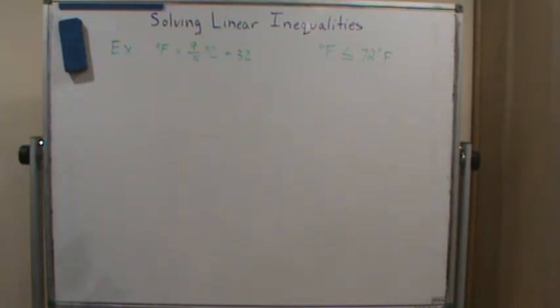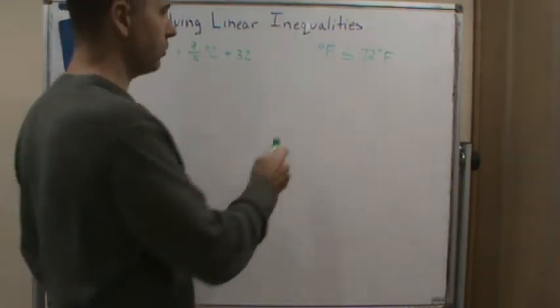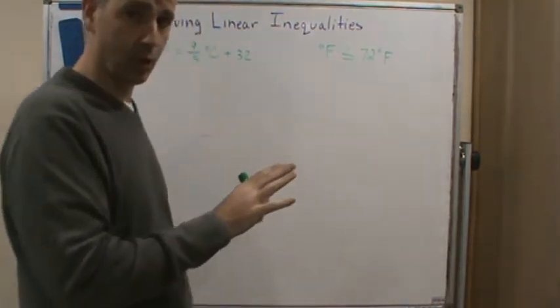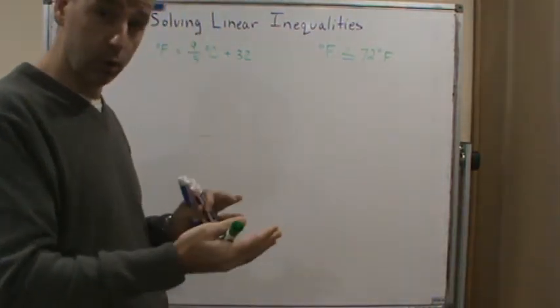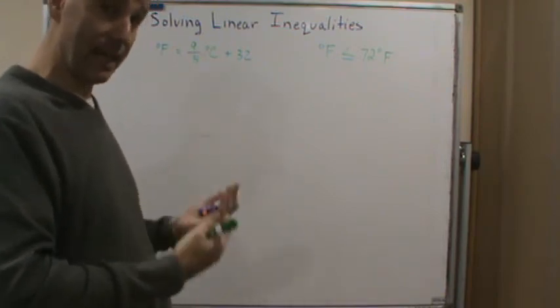So, we want to know how to find the equivalent in Celsius. This is what we know in Fahrenheit. What is the rule for the thermostat coming on if I'm talking about degrees Celsius?